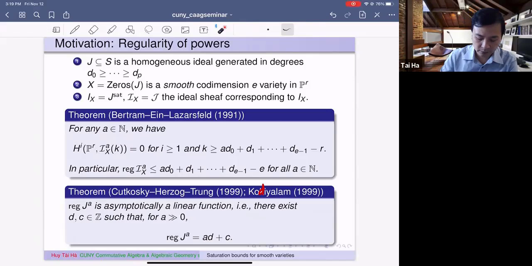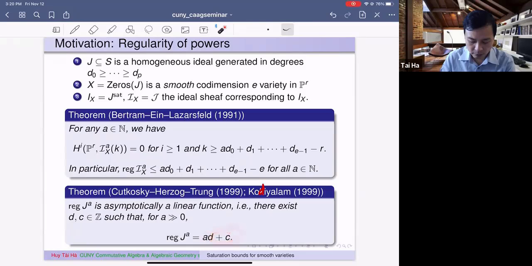Since both of these results, there has been a lot of work trying to understand, for example, what are these constants d and c. Constant d is actually very well understood from reduction theory, but constant c is much harder.